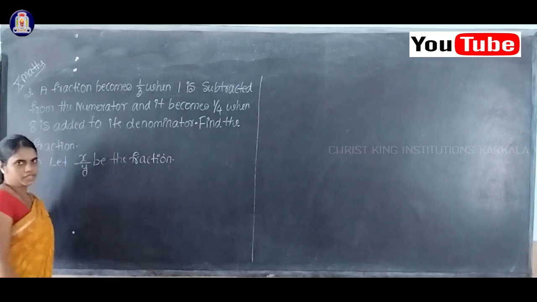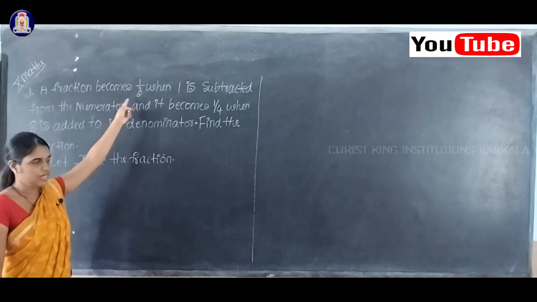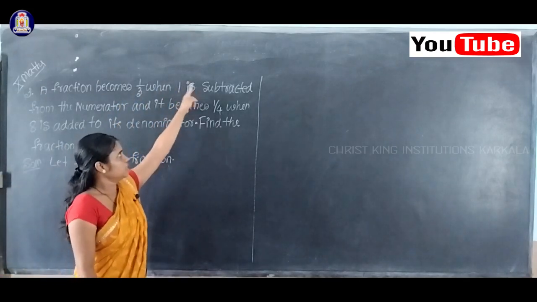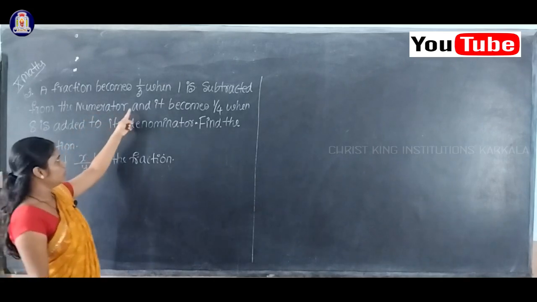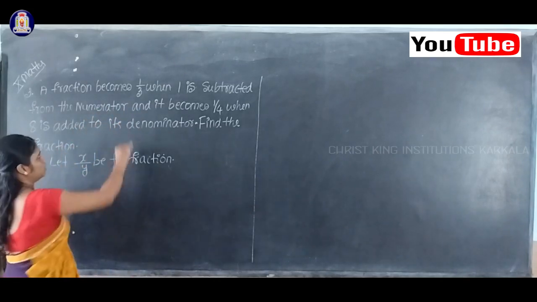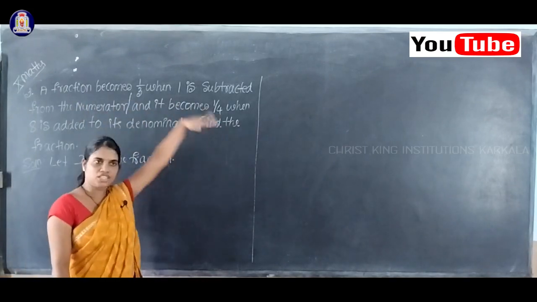A fraction becomes 1 by 3 when 1 is subtracted from the numerator. They have given only the numerator, isn't it? And it becomes 1 by 4, that is the second case.